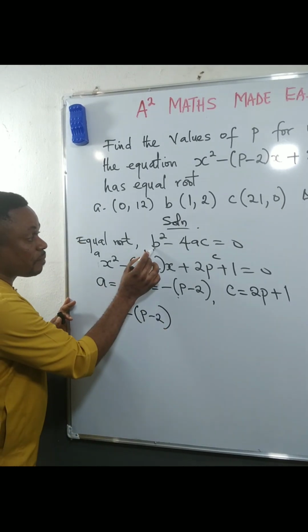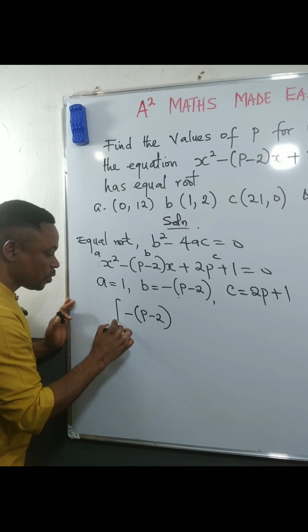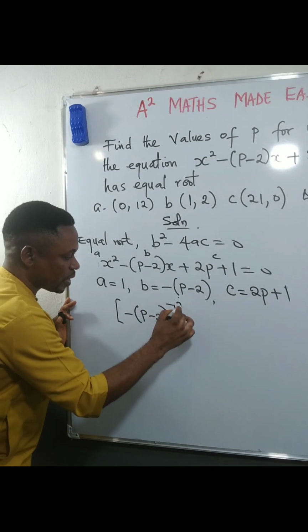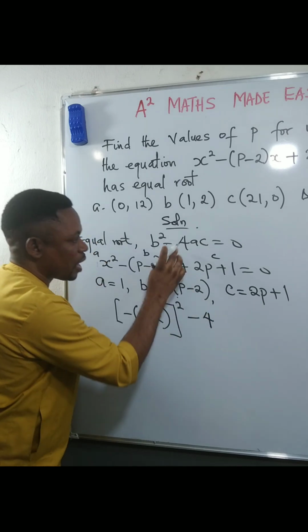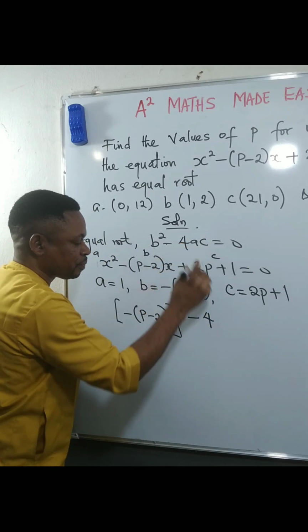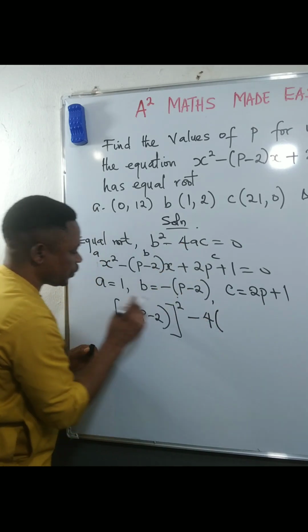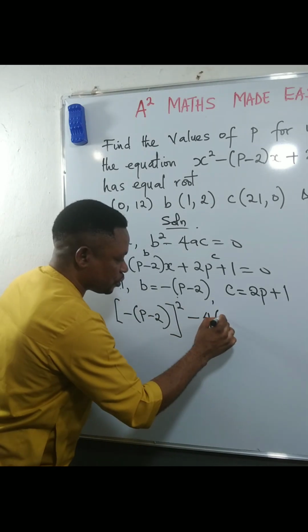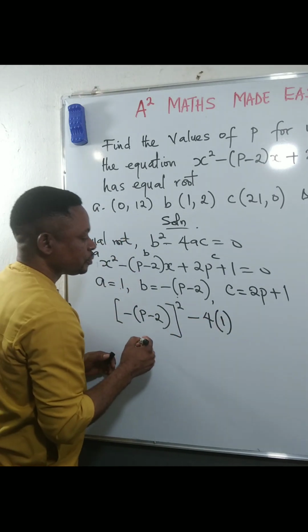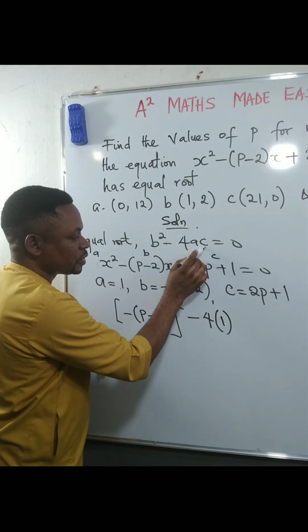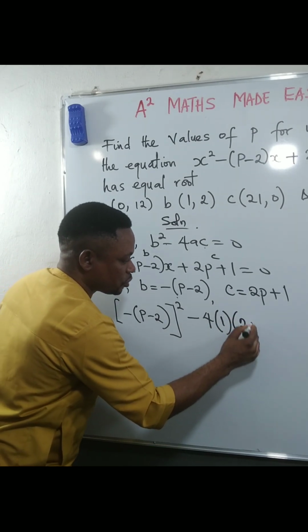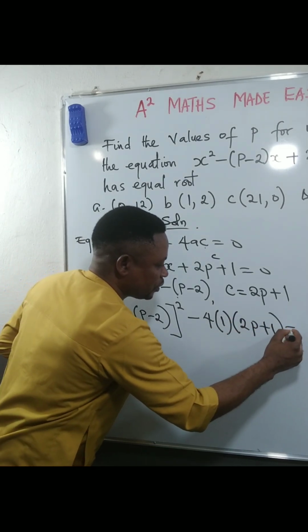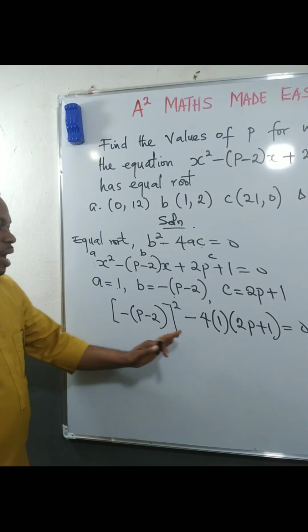Remember from the formula, it is b squared, so I close the bracket like this and square it. Then minus 4 times a, and the value of a is 1, so I introduce 1. Now the last one is c, the constant, which is this. Open the bracket: 2p plus 1. Everything should be equal to 0. Have I made myself clear?